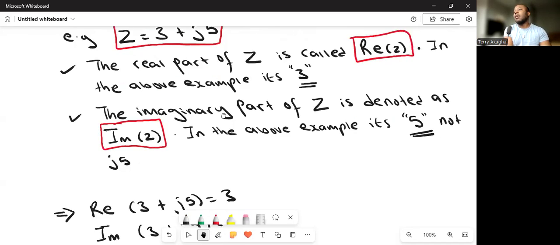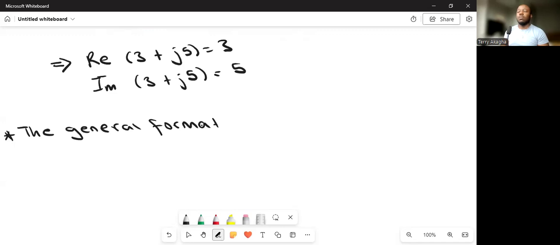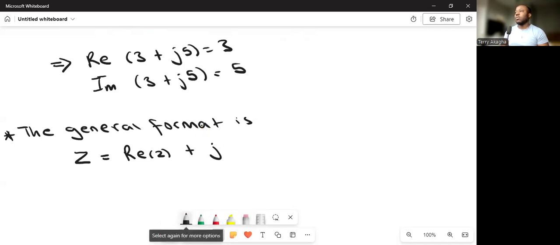So that means I can now write the general format clearly. The general format is Z is equal to the real part plus J, the imaginary part.